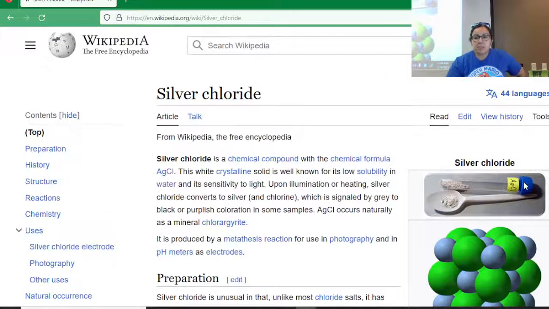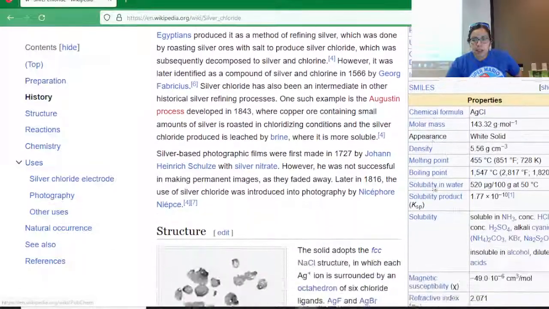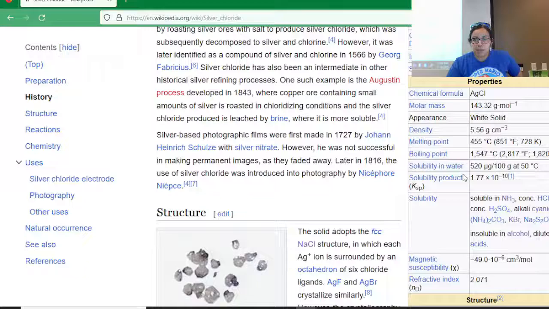Let's go back to silver chloride, since we're somewhat familiar with it. What we will get at later in the course, to figure out how much is in solution, is the solubility product constant, Ksp. Later in the course, second or third quarter, we'll actually quantify this and see how much is in solution.